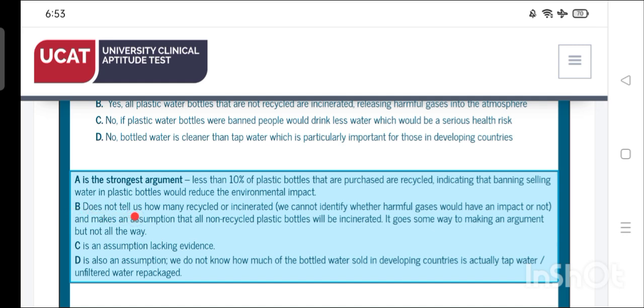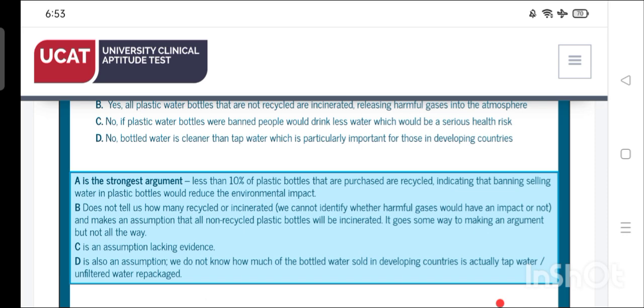Option B does not tell us how many are recycled or incinerated. We cannot identify whether harmful gases would have an impact or not, and it makes an assumption that all non-recycled plastic bottles will be incinerated. It goes some way to making an argument, but not all the way.